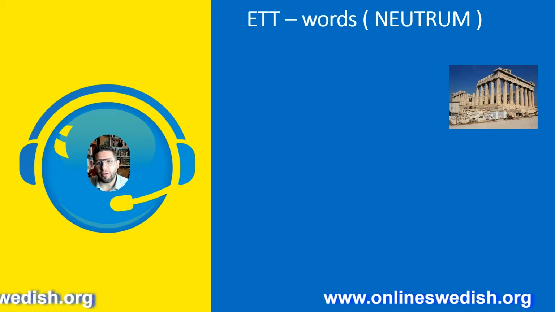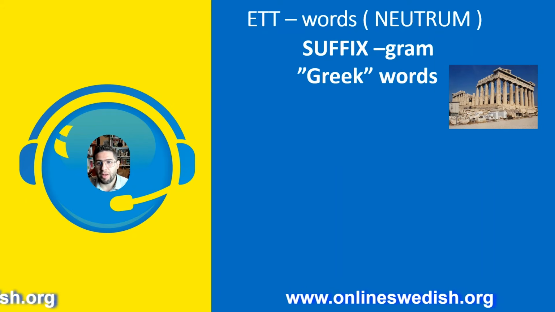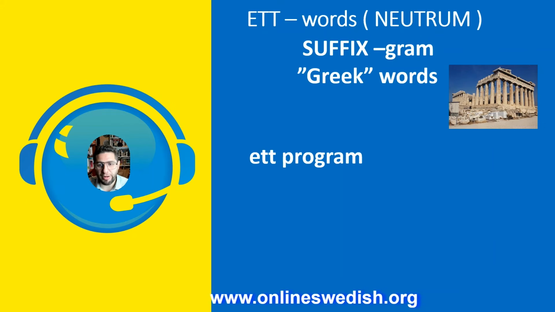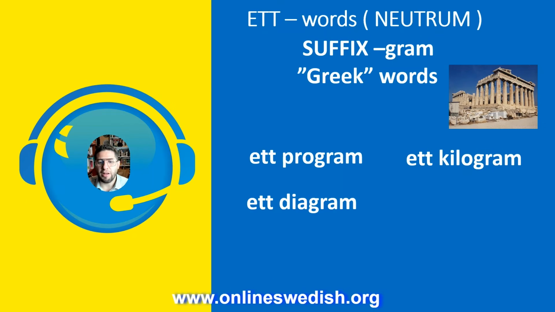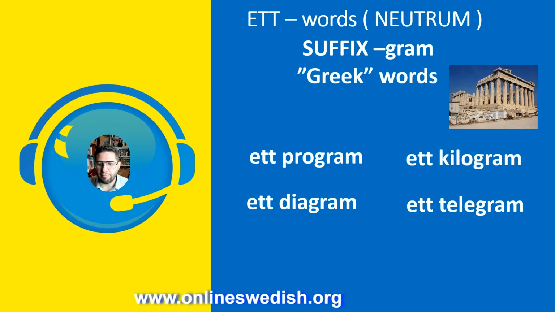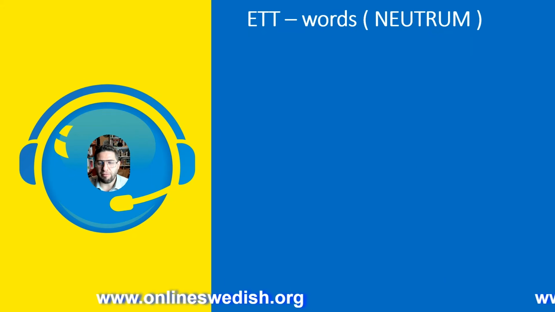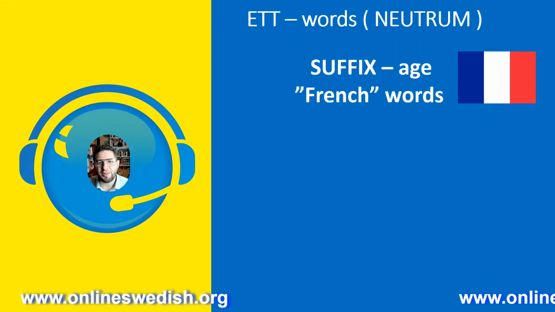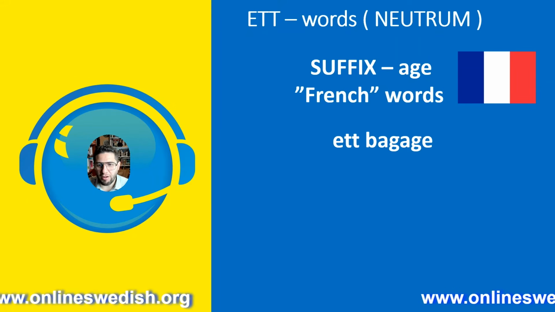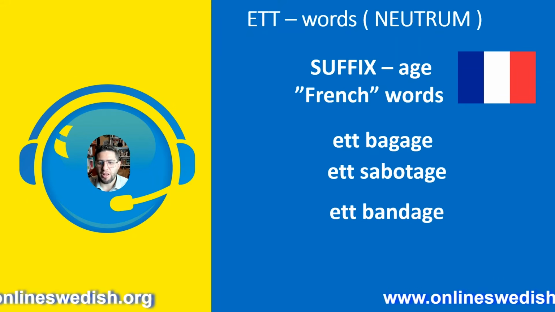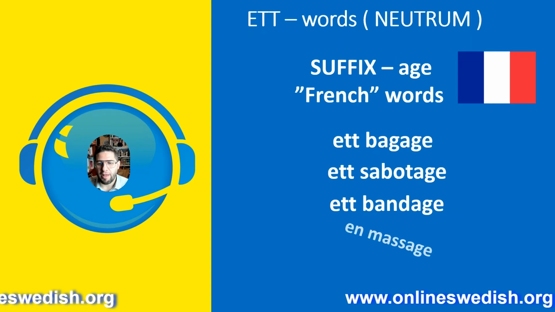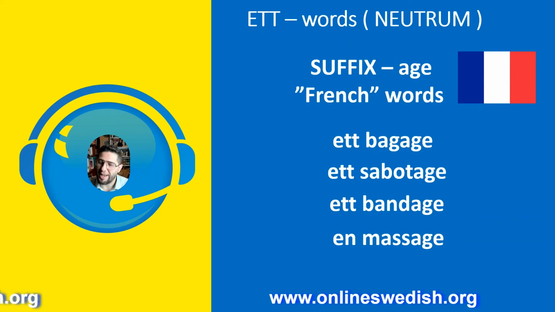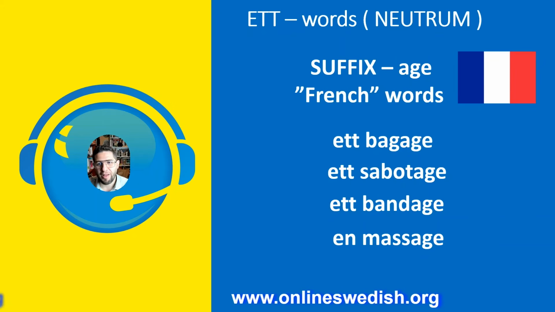And then we have our Greek words with the suffix gram. When you have program, kilogram, diagram, telegram, and then we have ett-words with the French suffix age. When you have bagage, sabotage, bandage, and as we said, guys, before, no rules without exceptions, and massage.